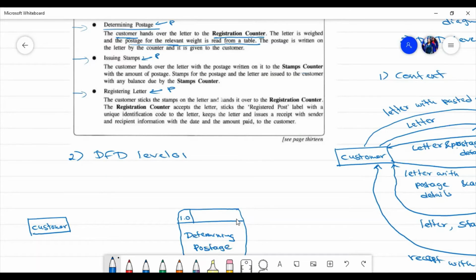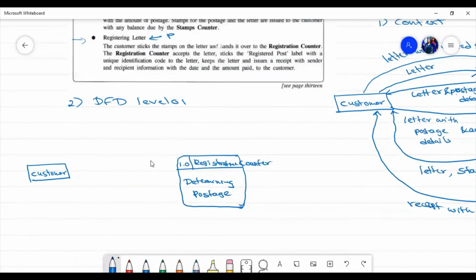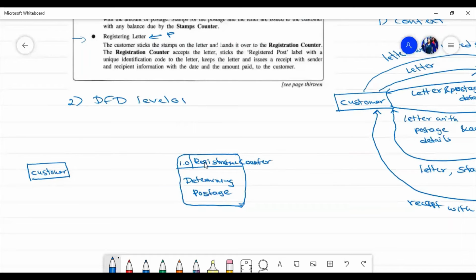And where is it happening? In the registration counter. So here I can write registration counter. Then we would be able to understand the place it is happening. That's the idea.